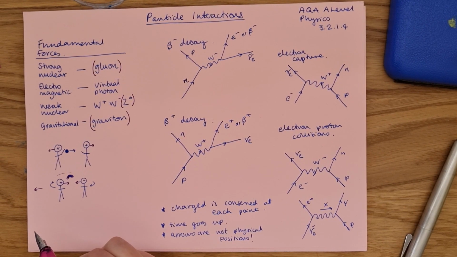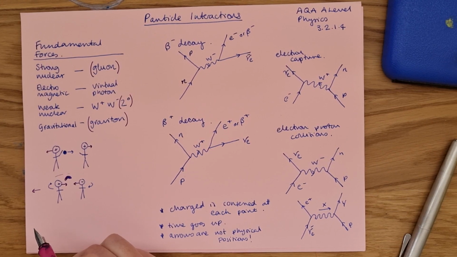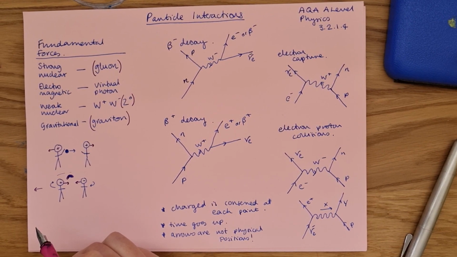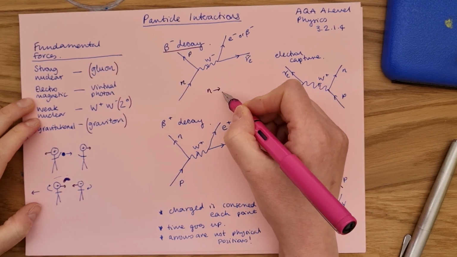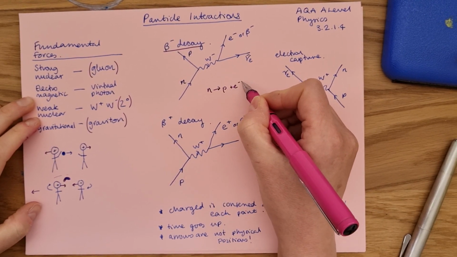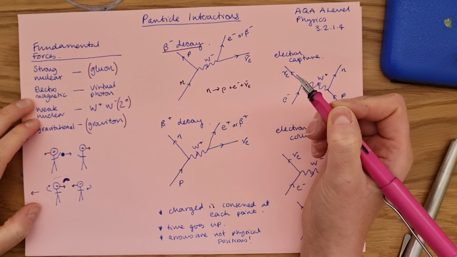Now, the weak nuclear force is responsible for the decay of particles involving leptons, and it is governed by the W plus and the W minus boson. Now, there are 4 diagrams that you need to know about, right? There's beta minus decay. Beta minus decay is when a neutron decays into a proton plus an electron plus an electron antineutrino.